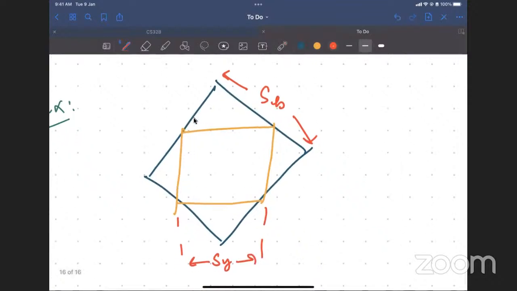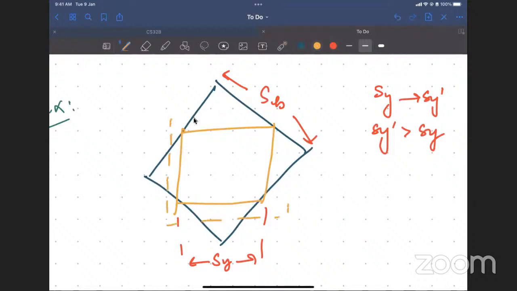If I change my value of SY to SY dash, with SY dash greater than SY, it will go out of the blue square, and you'll have 8 distinguishable vertices.